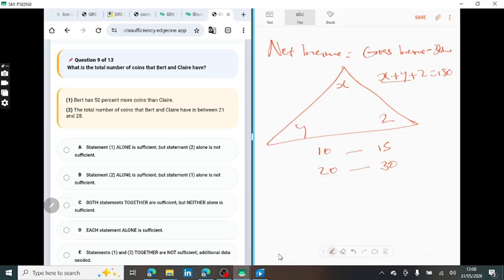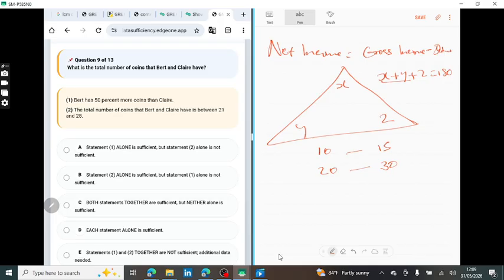The total number of coins that Beth and Clay have is between 21 and 28. That is also not sufficient. Why is it not sufficient? Because is it 22? Is it 23? So we don't know.